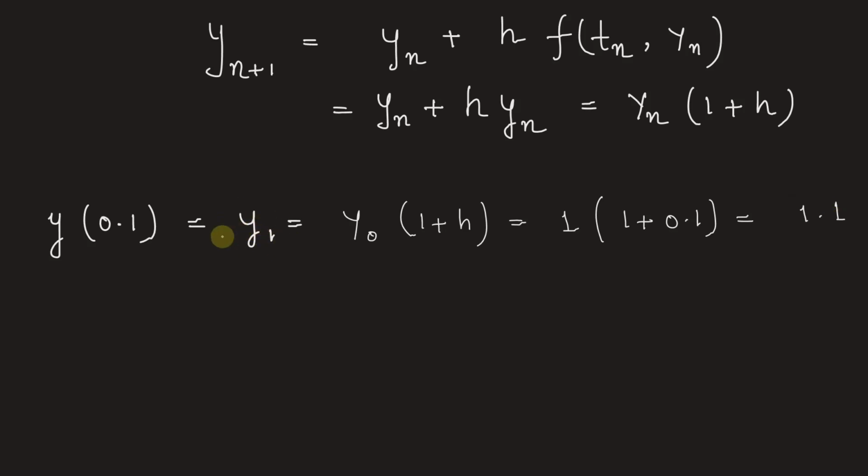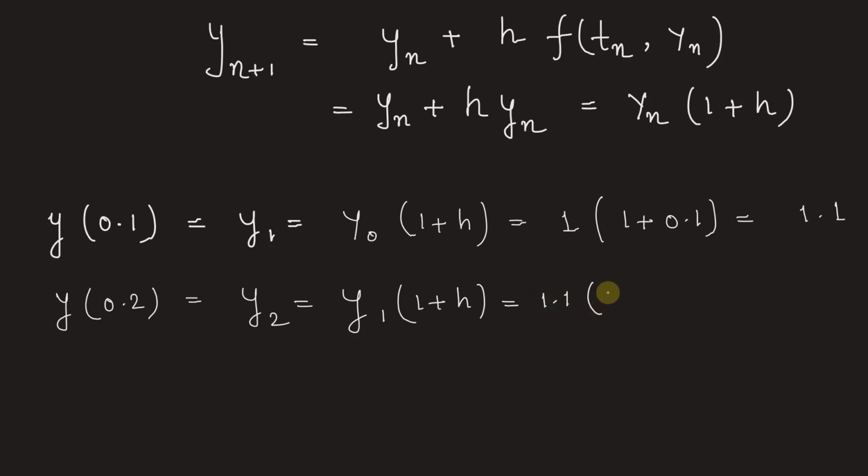So this will be the value of y1. Now let's calculate y2, that is y of 0.2. This will be equal to y2, that is y1 into 1 plus h. So y1 we have 1.1 into 1 plus 0.1. Okay, so this will be equal to 1.21.